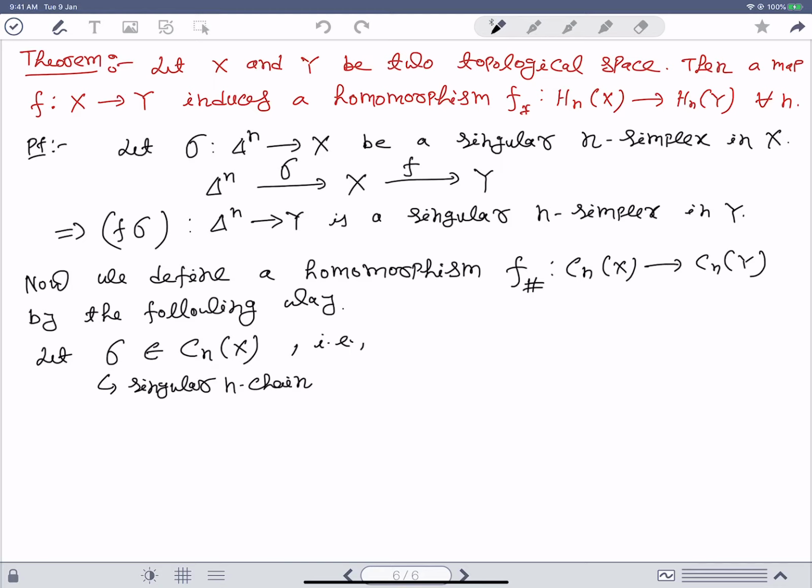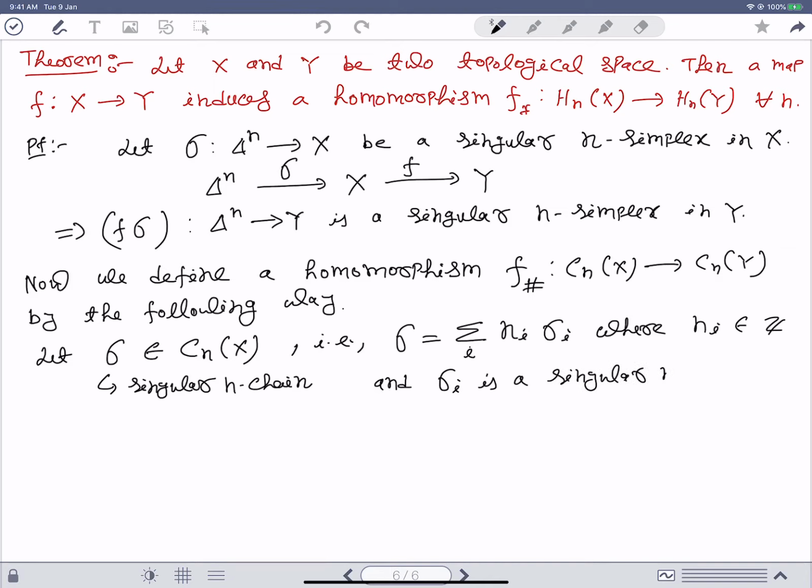So sigma can be written as a finite sum, summation over i, but this sum is finite, of n_i sigma_i, where n_i are integers and each sigma_i is a singular n simplex in X.